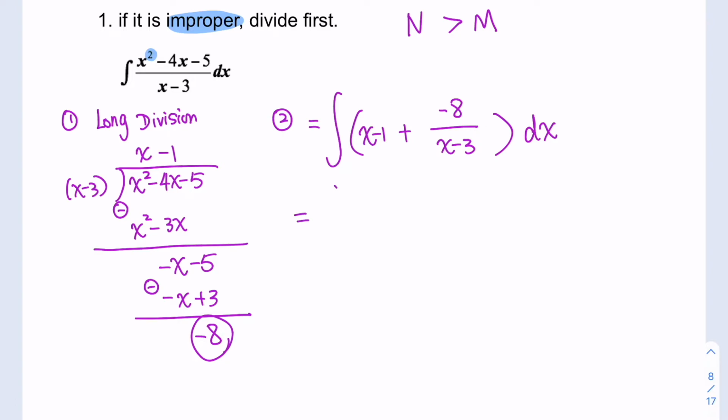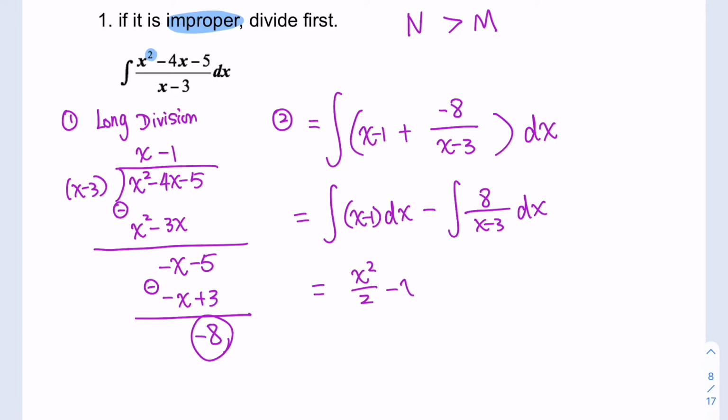This will be the integral of x minus 1 dx minus the integral of 8 over x minus 3 dx. This is x squared over 2 minus x minus 8 ln of x minus 3 plus c. So for this type of problem, if the numerator power is higher than the denominator, we have to use long division first to simplify it, and then we take the antiderivative.